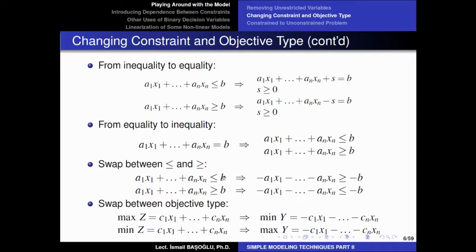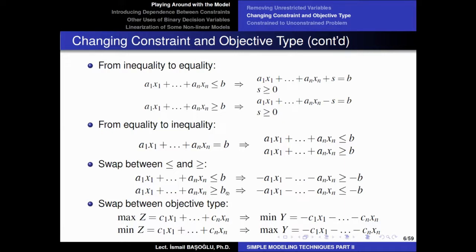Again, if you want to see a greater than or equal to form of inequality instead of a less than or equal to constraint in your mathematical model, you can simply multiply both sides of the inequality with -1 and swap the inequality sign in between. So the sum of these activity levels being less than or equal to B also means that the sum of the negative activity levels is greater than or equal to -B.